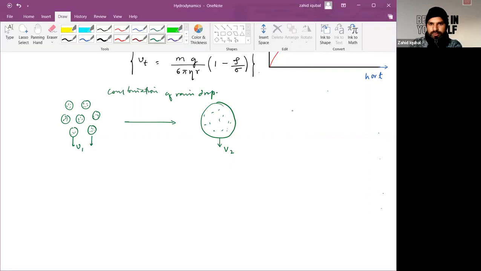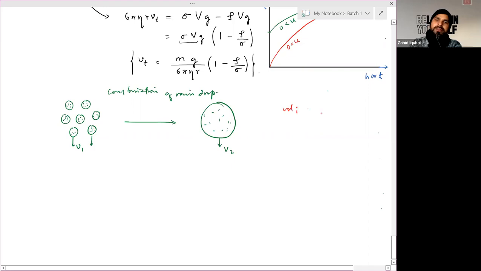Let's say the volume of the object initially must equal the volume of the object finally. We have n number of small drops, each having volume 4 by 3 pi r cube, which must equal the volume of the single drop, 4 by 3 pi R cube. On solving, you will get R equals n to the power 1 by 3 times small r.